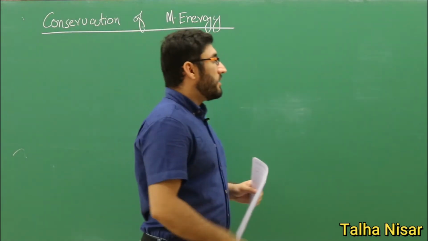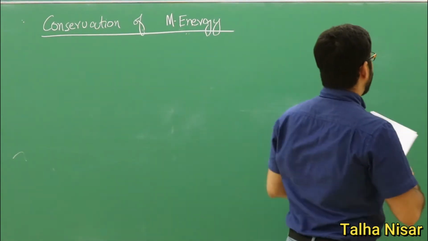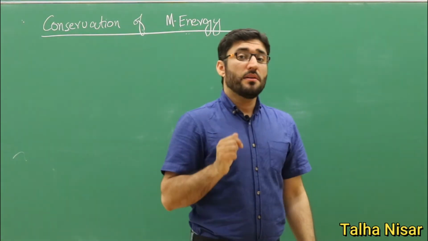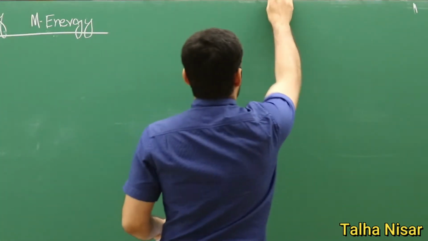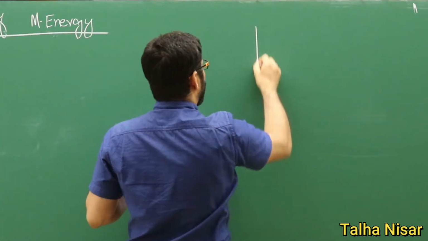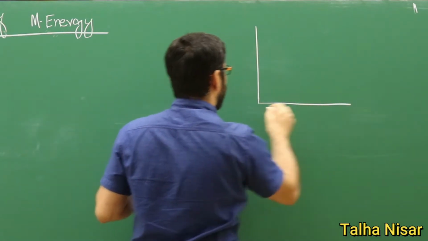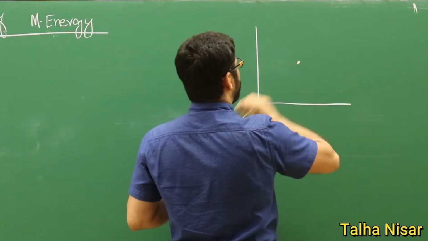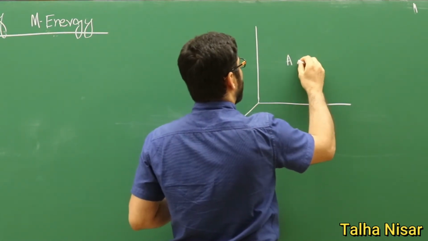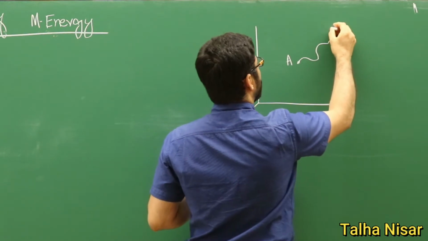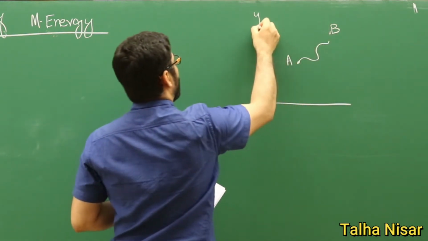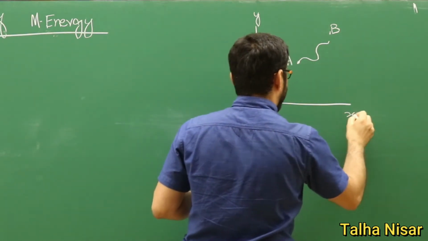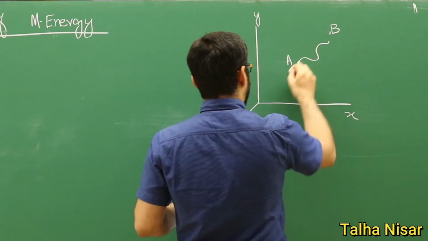So for example, in our previous section, we talked about the work done by gravity, and we will use the same example here as well. So we have an object which was initially at point A, and then we raised it to a point B. So we have the y-axis, the z-axis, and then the x-axis.